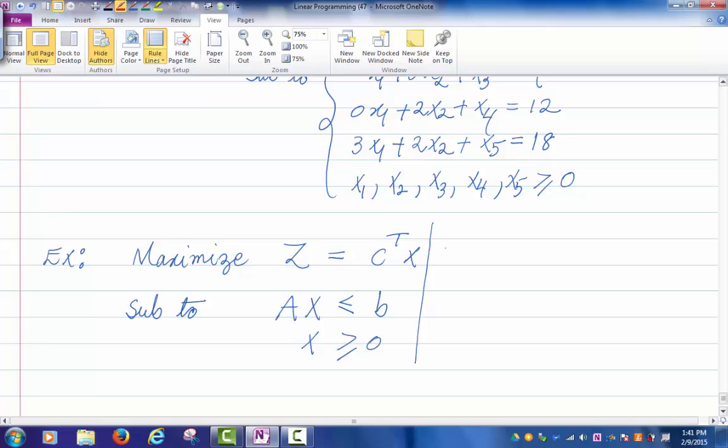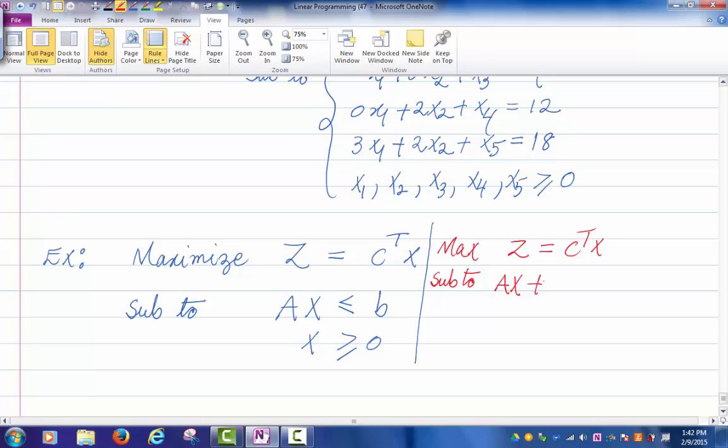The slack form is basically, well, you don't change the objective function, but you are going to change something here. With Ax, what are you adding?